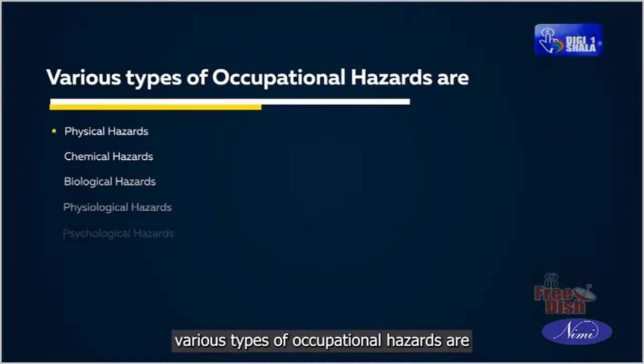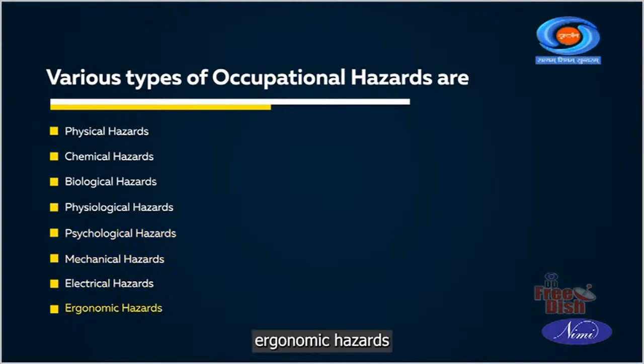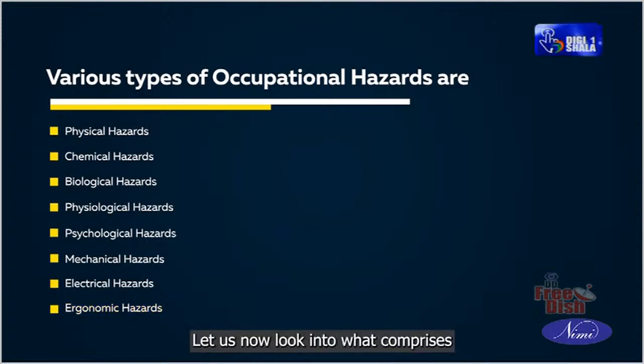Various types of occupational hazards are physical hazards, chemical hazards, biological hazards, physiological hazards, psychological hazards, mechanical hazards, electrical hazards, ergonomic hazards. Let us now look into what comprises each of these hazards in detail.